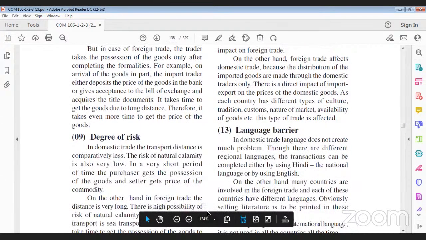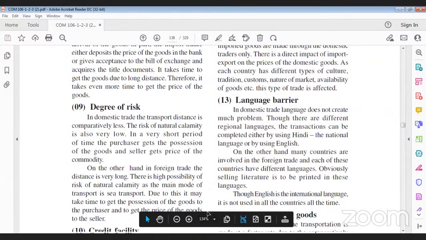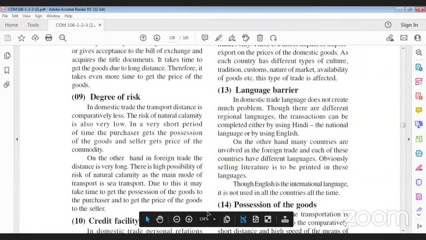Though there are different regional languages, the transactions can be completed either by using Hindi or the national language, or by using the English language also. On the other hand, many countries are involved in foreign trade and each of these countries has different languages. Obviously, selling literature has to be printed in many languages, and though English is an international language, it is not used in all countries or at all times.